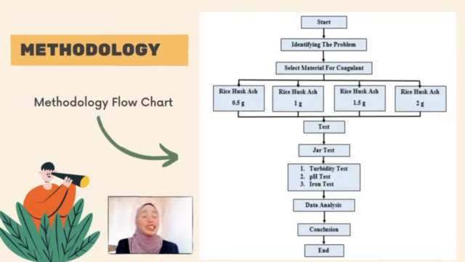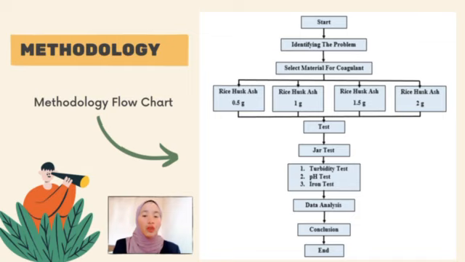Okay, next, this is the methodology flow chart. First is start. Second is identify the problem, and third, select material for coagulant. For selecting the material for coagulant, first we use rice husk ash 0.5 gram, second is 1 gram, third is 1.5 gram, and the last one is 2 gram.